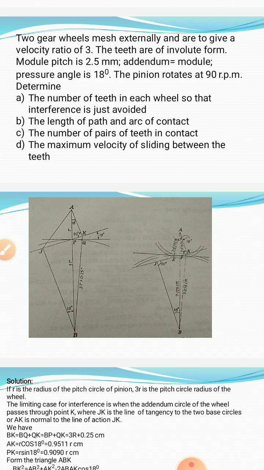Now, by consideration of the interference condition, the addendum of one of the wheels cuts the base circle of the other wheel. With this condition, we draw this diagram.